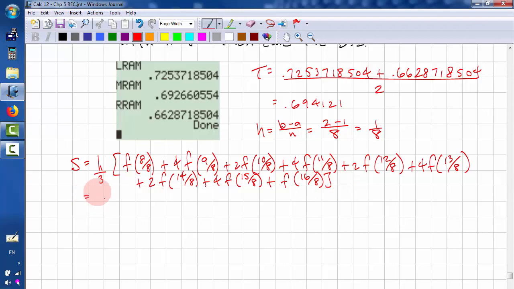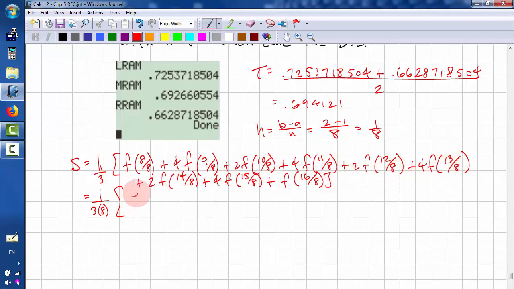Okay, so this is 1 over 3 times 8. And remember, our function is 1 over x. So all we're doing is taking the reciprocal of these values.